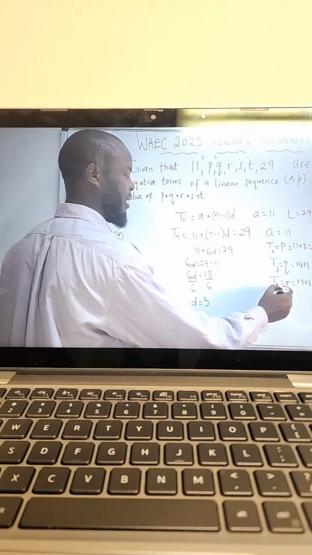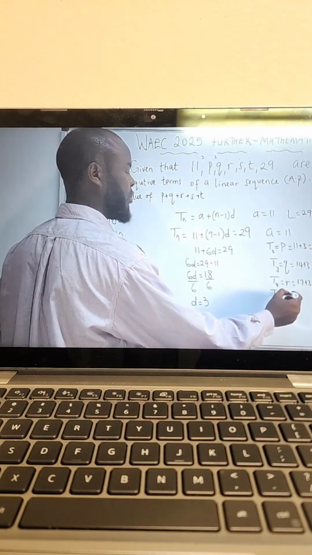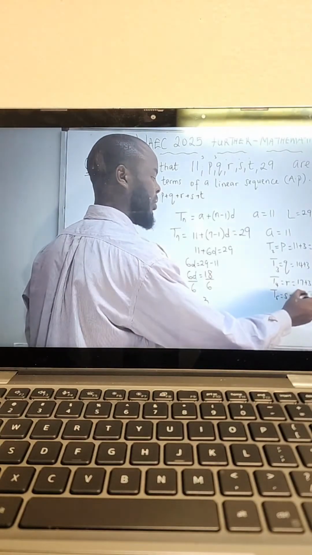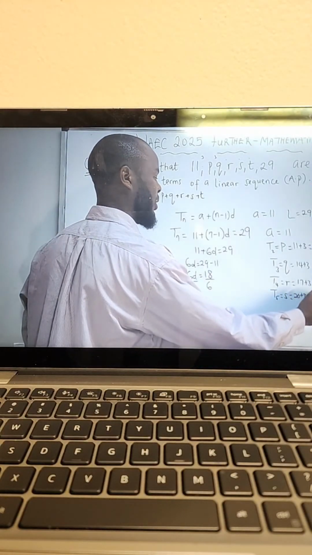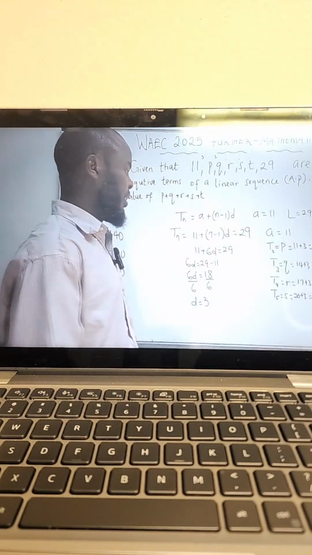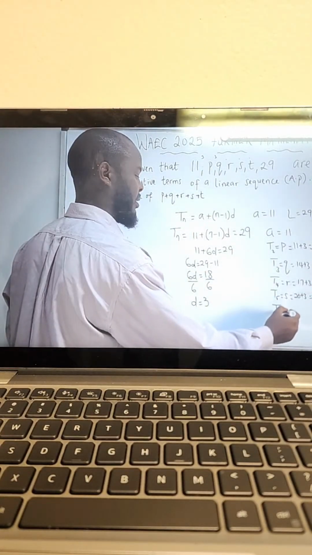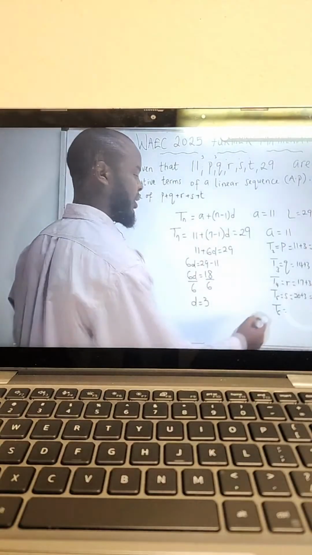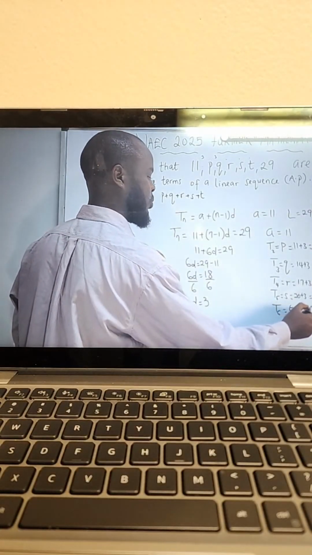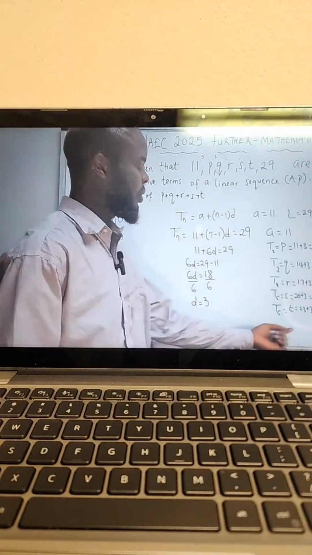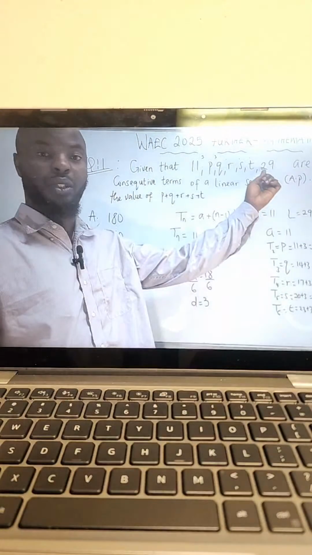Our fifth term, S, is 20 plus 3, which is 23. Our sixth term, T, is 23 plus 3, which is 26. Look at the seventh term: 26 plus 3 gives you 29.